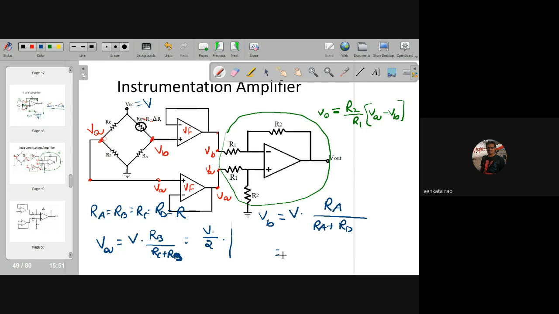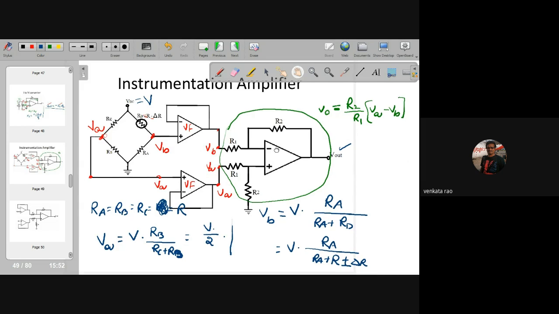Now there is no simple RD here, because we are taking RD as R plus or minus delta R. Delta R is the small change in resistance. Now my intention here is to convert a small change in resistance, delta R, into a proportional change in output voltage. That is my intention here.